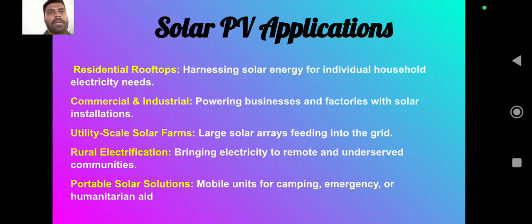And solar PV applications, residential rooftops. We can install the solar PV systems in residential rooftops, and we can install them in commercial and industrial areas, and we can use them in rural areas also, which is one of the great things that we can do. And portable solar solutions, mobile units for camping, emergency or humanitarian aid. Okay.